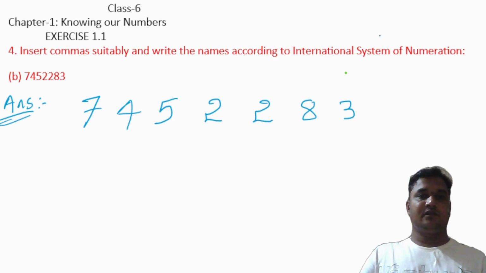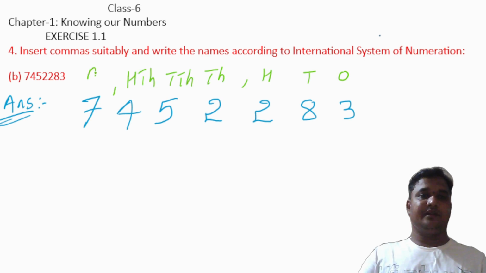Ones, tens, hundreds. Then in the international system, as we know, after every 3 digits we have to place the comma. Then thousands, 10,000, 100,000. After thousands also 3 digits, then we have to place the comma.